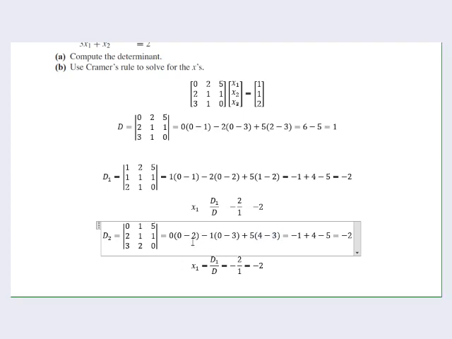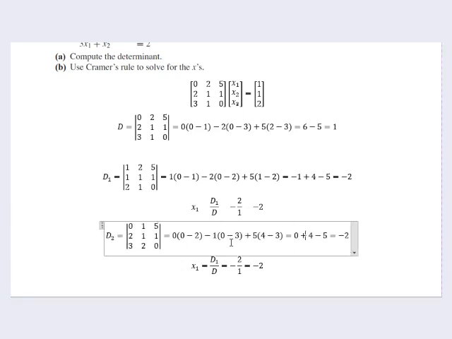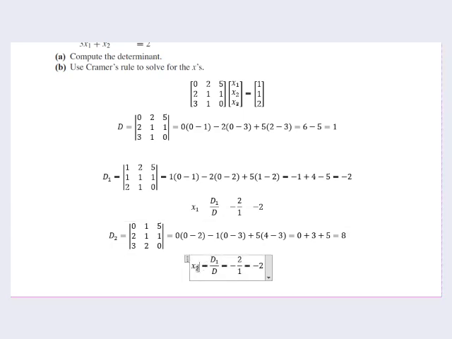So 0 in whatever you have is 0, minus 1 into minus 3, so that's 0 plus 3 plus 5 into, so that's plus 5, so 0 plus 3 plus 5, that's plus 8. So x2 is D2 over D, so that's 8 over 1, so the answer is 8.